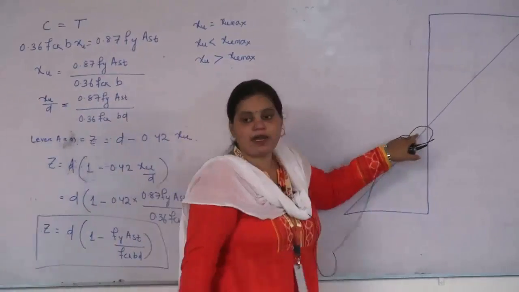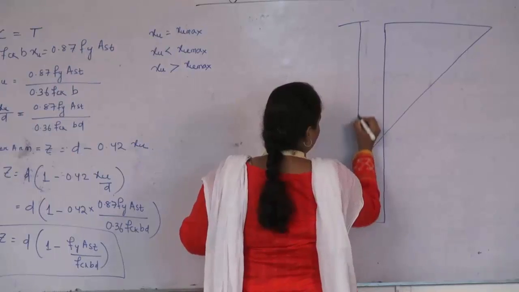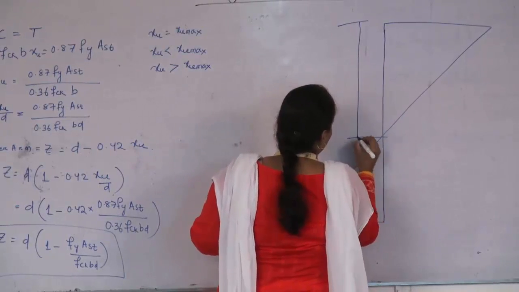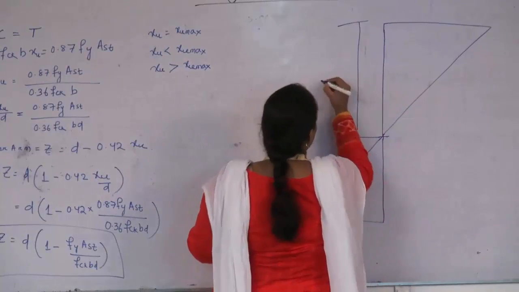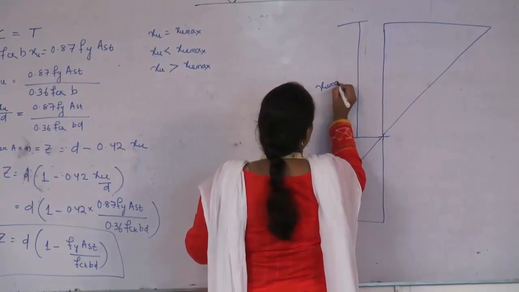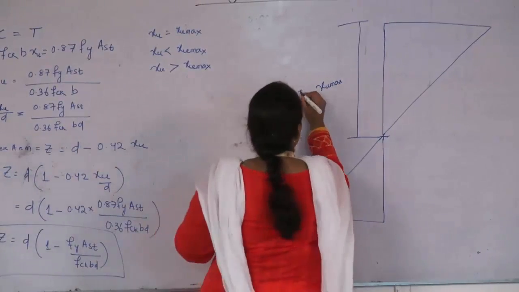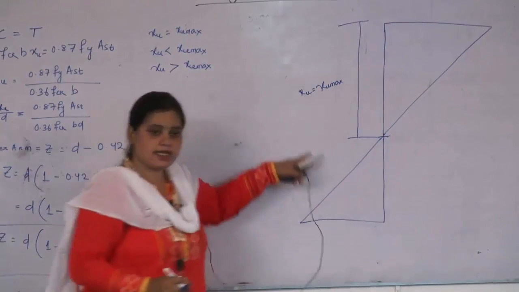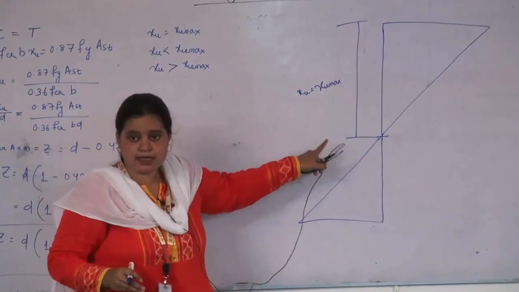Suppose this is our XU. Suppose this is our XU max. Assume that this is XU equal to XU max.